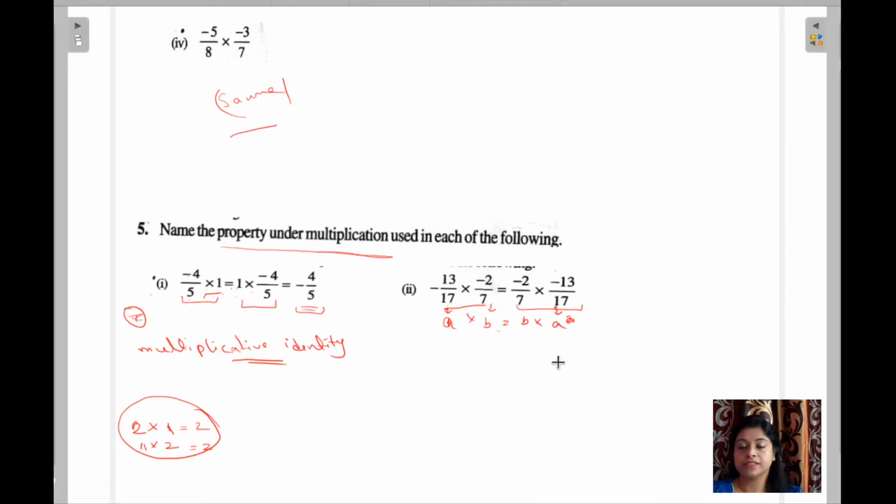This is the commutative property under multiplication. Now I think you have understood both sums.